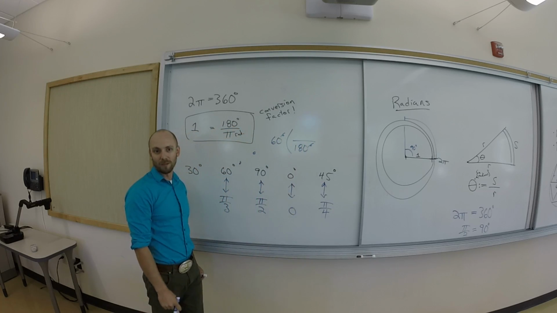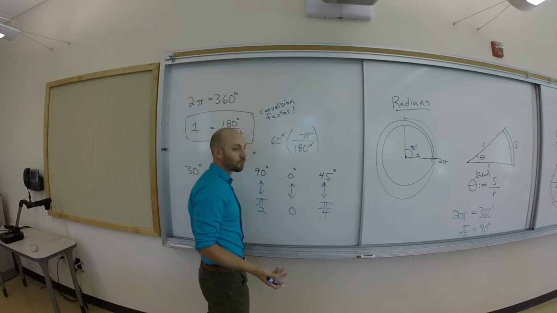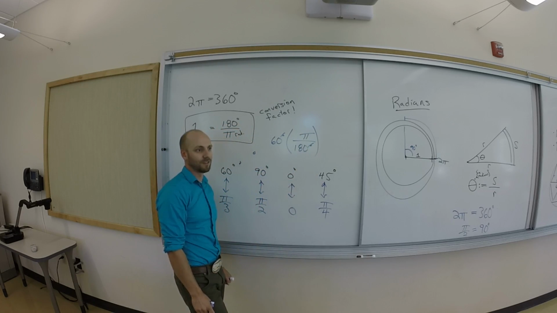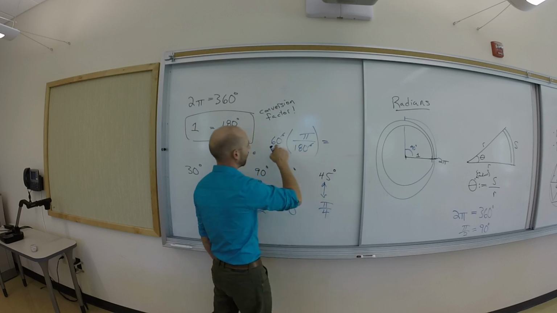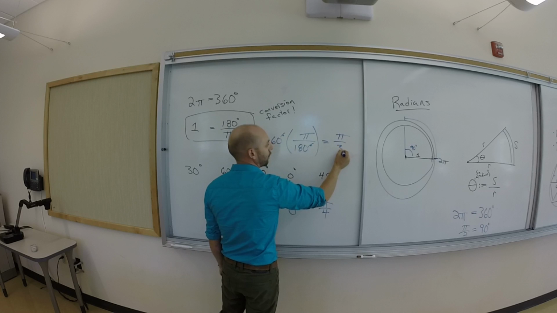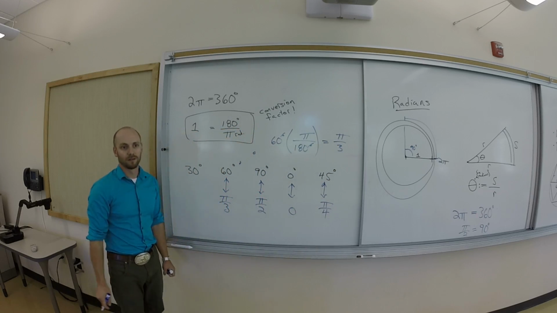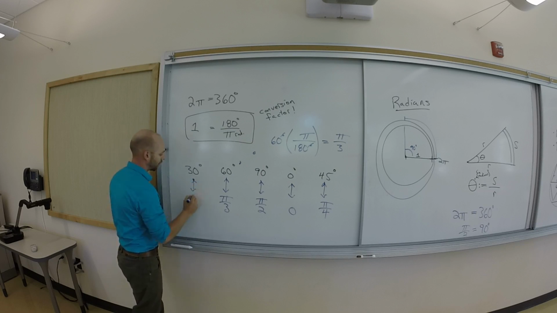And what do I have to put on top? Pi, because I can't multiply by something other than 1 just willy-nilly. Gotta have a reason. 60 goes into 180 3 times, which gives me pi over 3. So 30 is pi over 6.